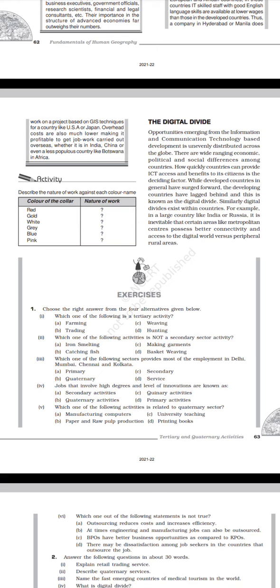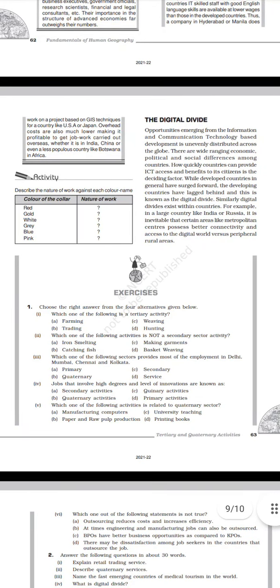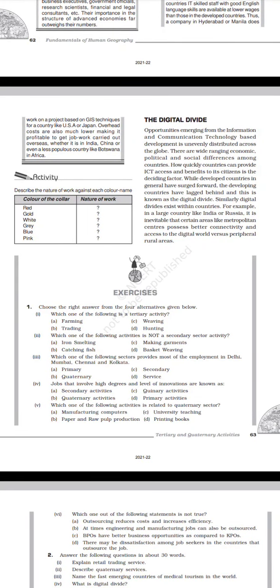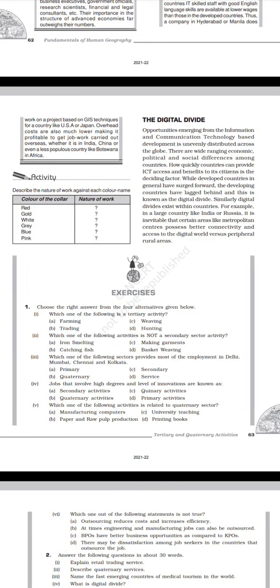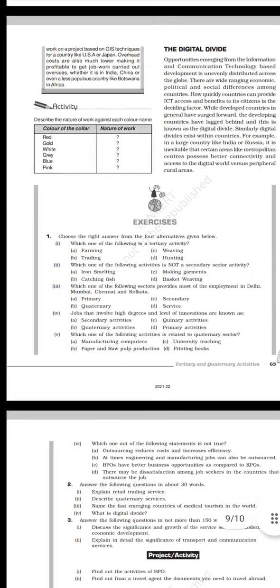Primary, quaternary, secondary, service. Jobs that involve high degrees and levels of innovation are known as secondary activities, quaternary activities, tertiary activities, primary activities. Which one of the following activities is related to the quaternary sector? Manufacturing computers, paper and raw pulp production, university teaching, printing books.